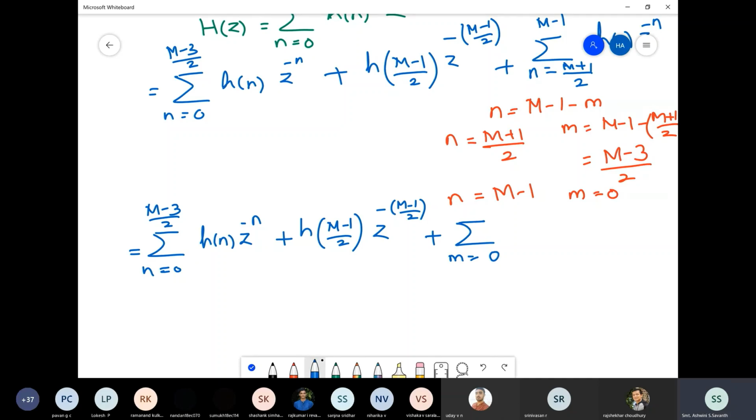Also write that as 0 to m minus 3 by 2, because it is a summation. We have just interchanged the limits. Then h of n. So in place of n, you have m minus 1 minus small m. Z to the power minus of m minus 1 minus small m.